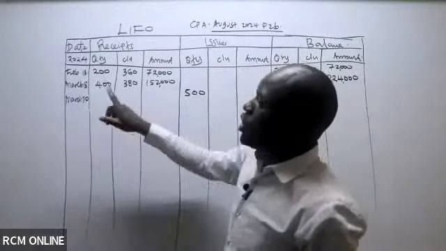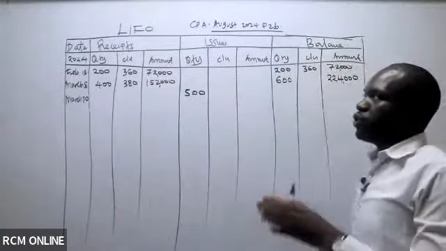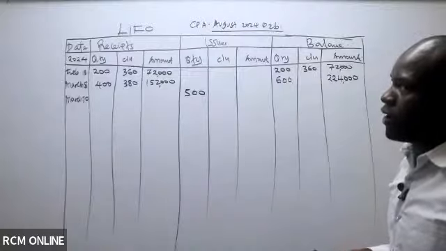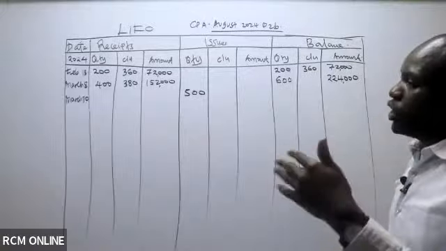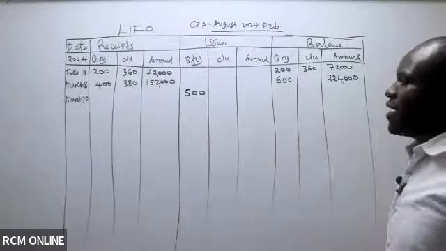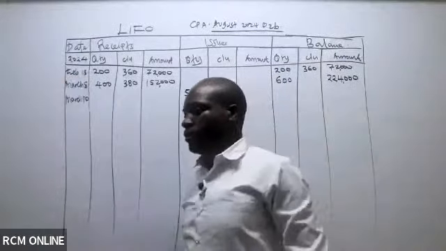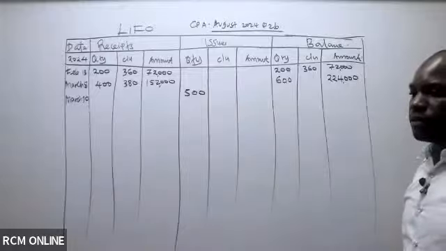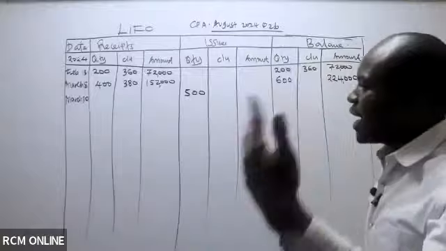The one that was brought in on March or February? Which goods will I issue first? Is it the one brought in on 8th or 13th of February? We are using LIFO, last in, first out.